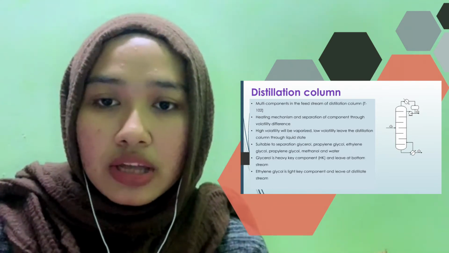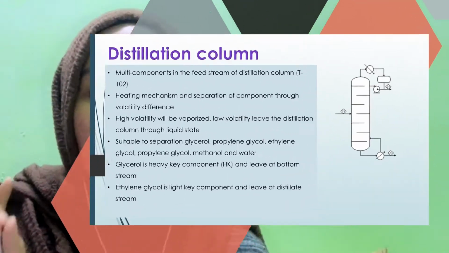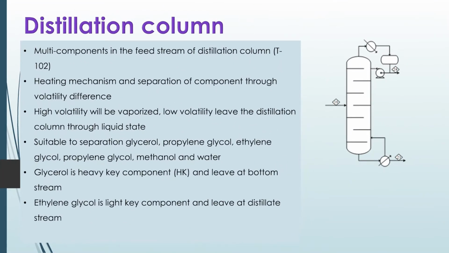So how does the separation occur? We can see at point number 3, the high volatility will be vaporized, the low volatility leaves the distillation column through the liquid state. Volatility depends on the boiling point.